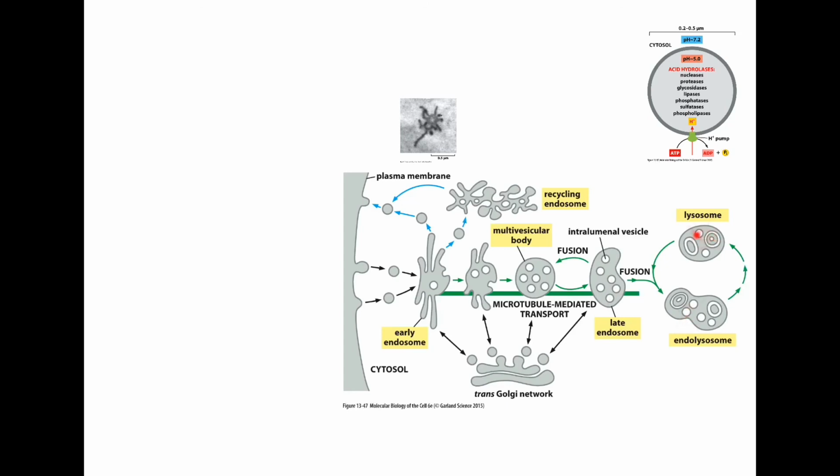But eventually, all of these things are going to go away because they're going to be destroyed by all of these things that are present in the lumen of the lysosome and not in the late endosome, at least not in particularly active form.